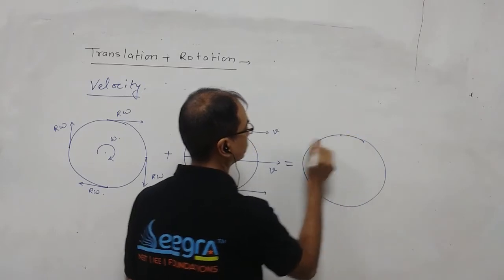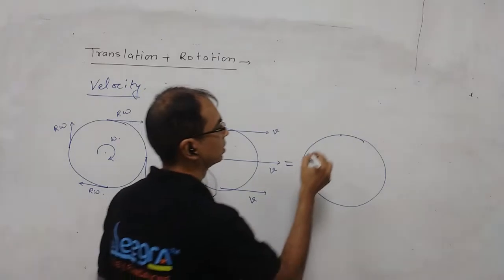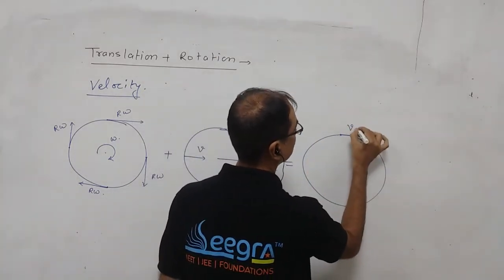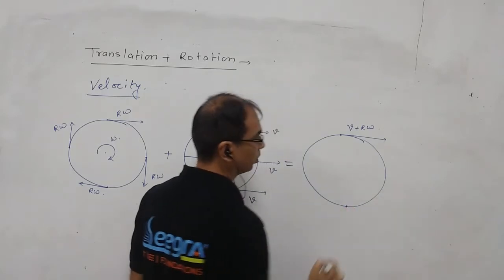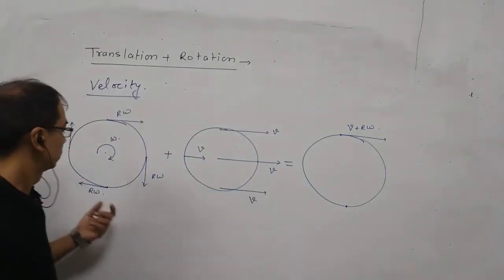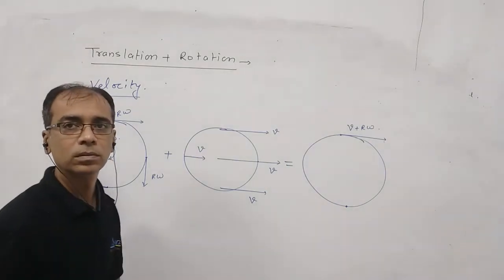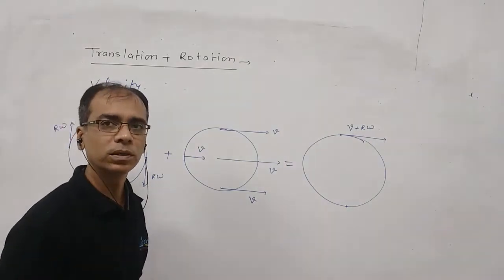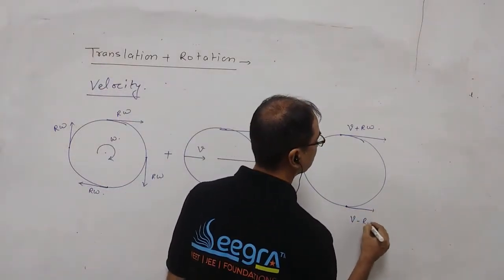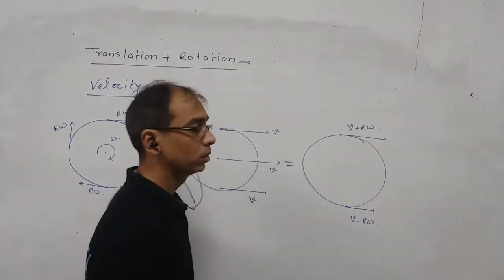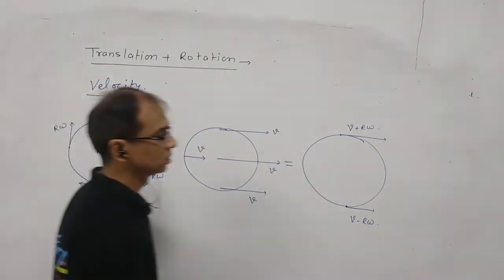Okay, the topmost point, this is V, this is R omega. Both are in the same direction, so I am adding it. This is V plus R omega. Right here, they are in opposite direction. R omega is this direction, V is this direction. So we don't know which one is greater, but yes, we can write it. If suppose I want it to go forward, then we can say it's V minus R omega. At this point, V is in this direction, R omega is in this direction.